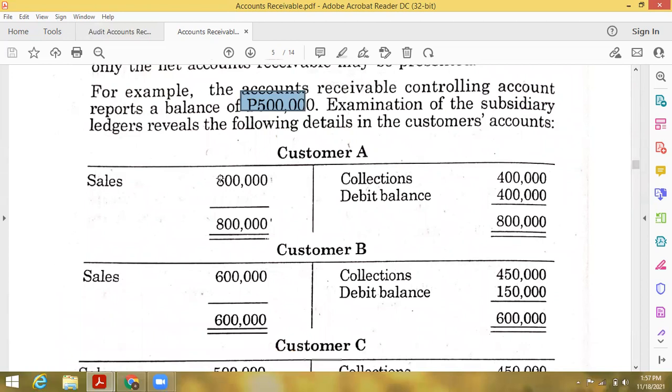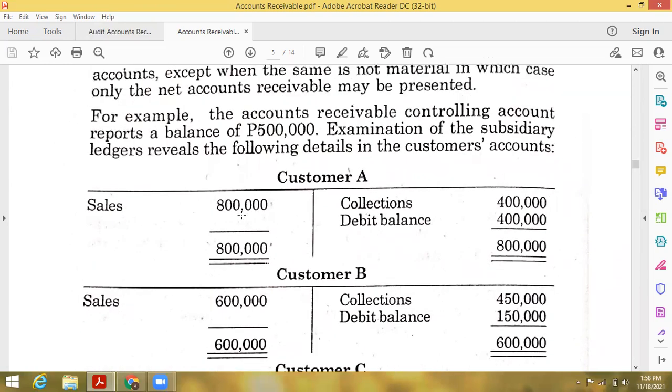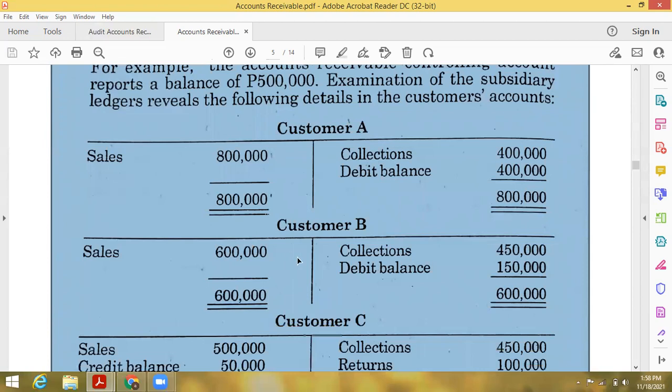We have sales of 800, collection of 400, so 400 remains uncollected. That is customer A. Customer B, 600, collection of 450, so 150 is still lacking. So this is 500. The sales mentioned here are on account. Of the 800 sales, we collected 400, and only 400 remains unpaid. Same with B.